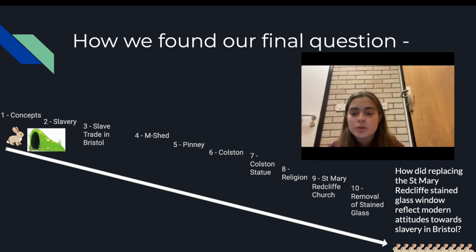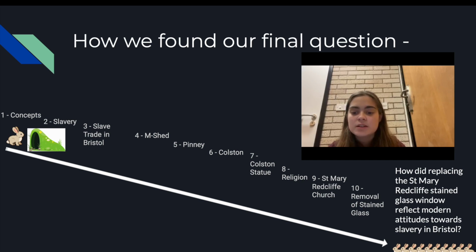This diagram shows all the steps which led us to our final research question. From initially becoming intrigued by slavery from a class workshop, to following this up by visiting the M Shed on our field class to Bristol and finding the penny quote there, we became interested in religion's relationship with slavery.